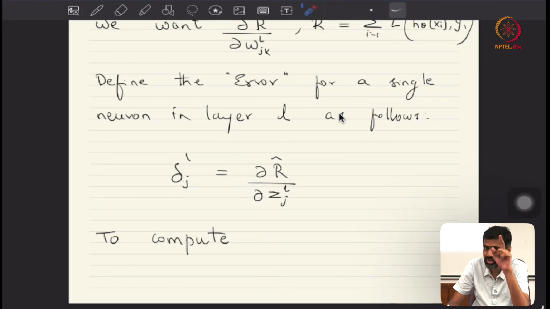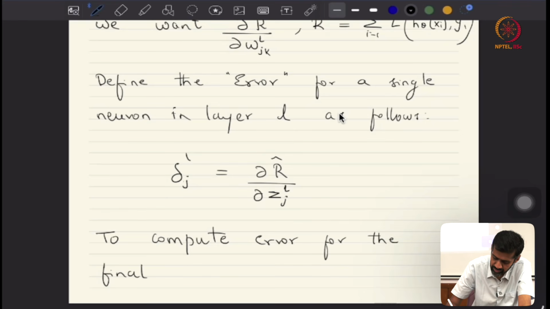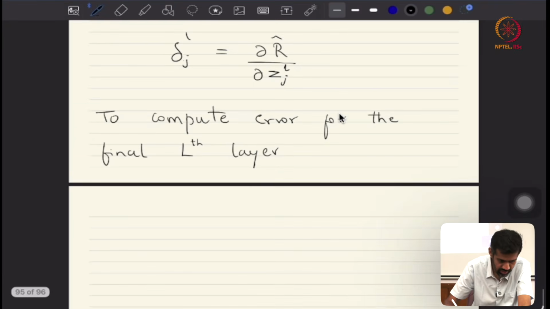To do that, we will have to start by computing the error in the final layer. That is what we will do now. Is it clear? Okay. So, to compute the error for the final layer, capital Lth layer, we will have to compute del JL. Note that we do this for every single neuron, right.